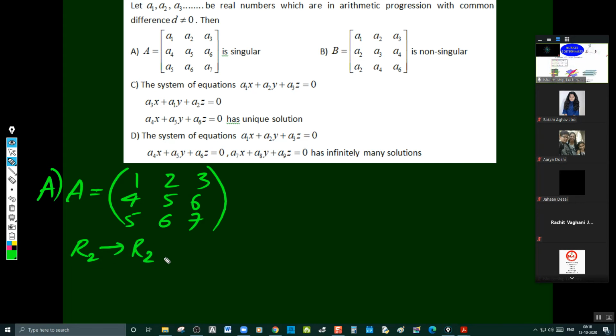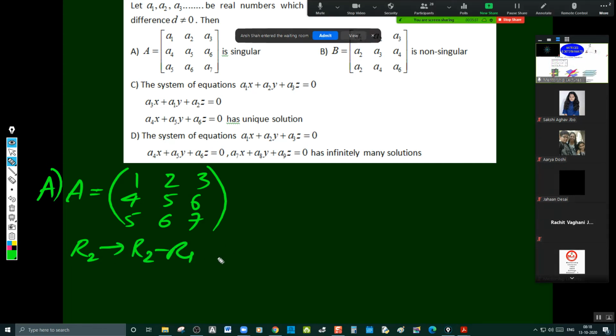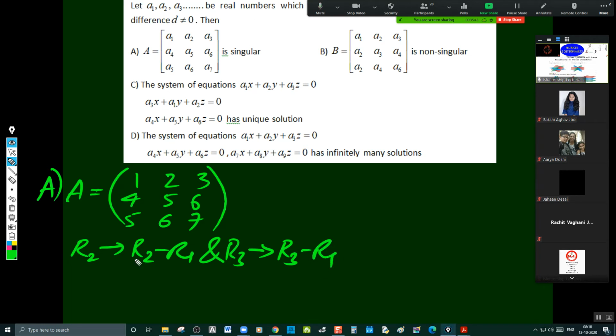Then what will you get here? 1, 2, 3, and 3, 3, 3, and 4, 4, 4. Now you can take 3 common and 4 common.